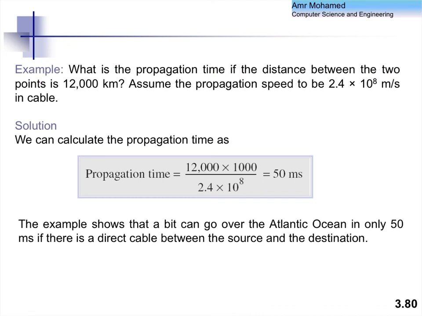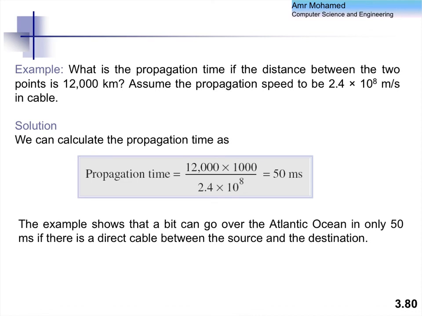So what is the propagation time? If the distance between two points, a transmitter and a receiver, is 12 kilometers, and assume the propagation speed is 2.4. We know that the speed of light is 3 times 10 to the power 8. The typical propagation speed over the transmission line is typically less than the speed of light, and it depends on so many things.